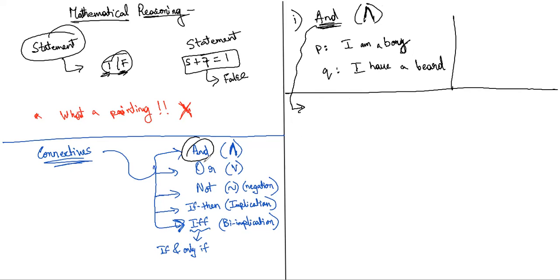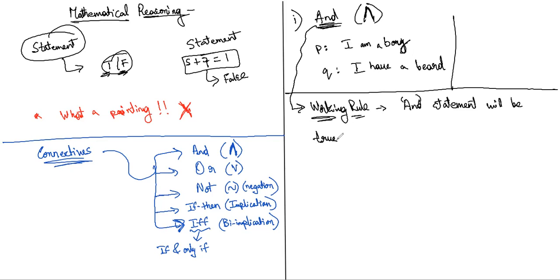Working rule. I'm going to tell the working rule for each and every one of the connectives. The working rule for and connective is: an and statement will be true only when both the statements are true.